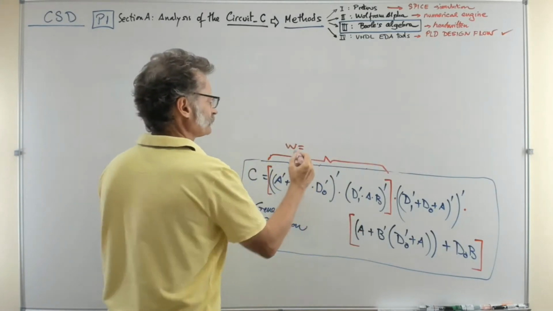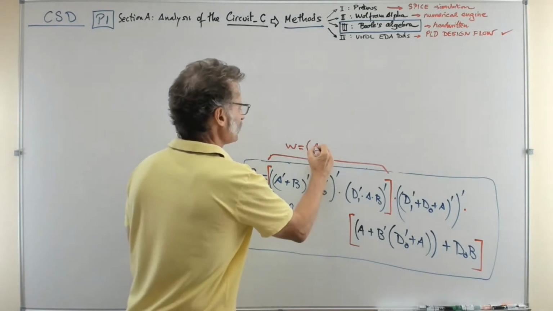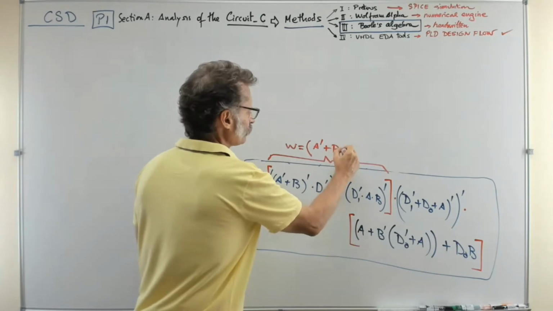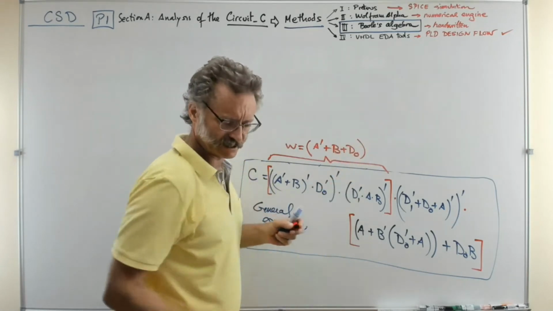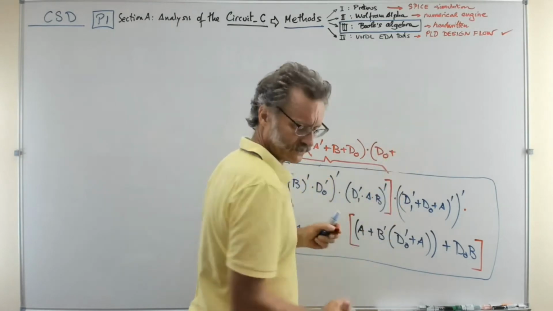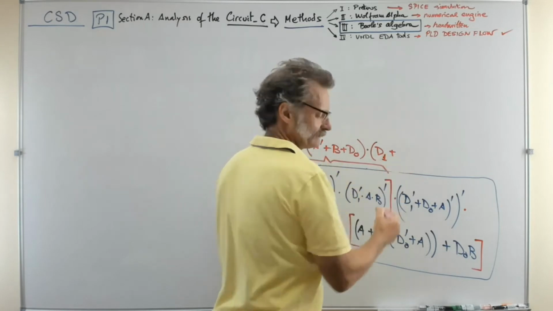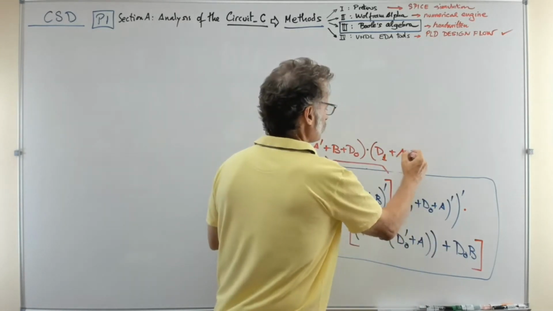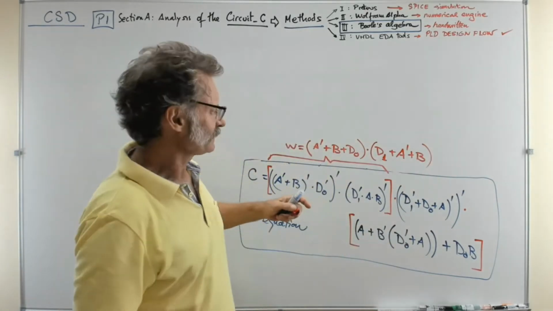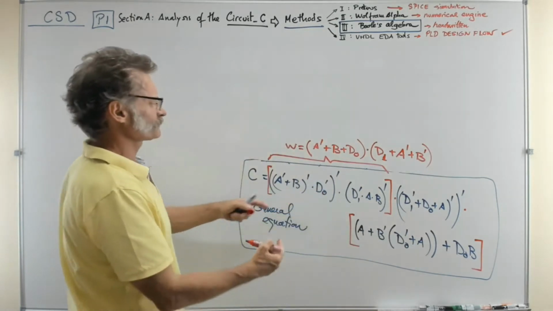So remember that the W section, which you did in a previous exercise, was finally A not or B or D0, and D0 or D1, D1 or A not or B. That was basically B not. That was the W from the previous analysis.